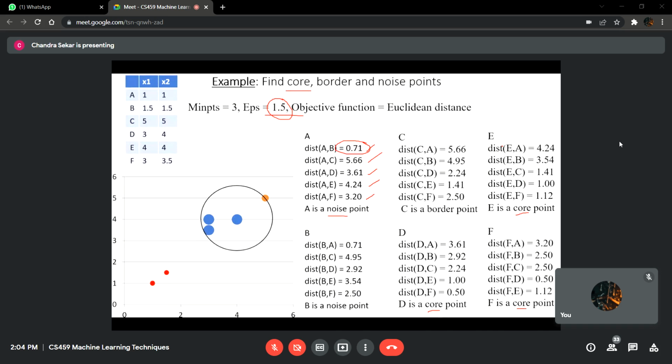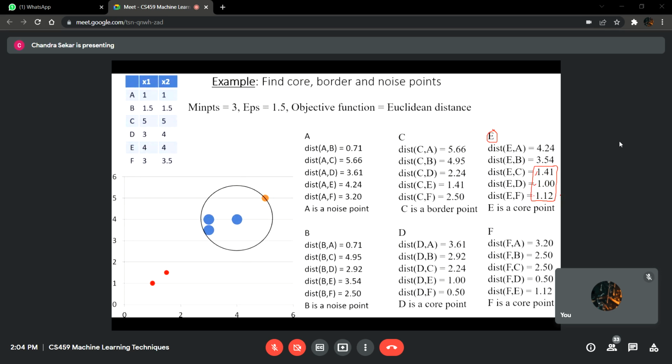The distance between E and the remaining points A, B, C, D, and F are calculated. These are the distance values. As per the definition of the core point, you can see that there are 3 points, plus this point E. With E as center, if you draw a circle with radius 1.5, you will get these 3 points as well as E lying inside the circle.